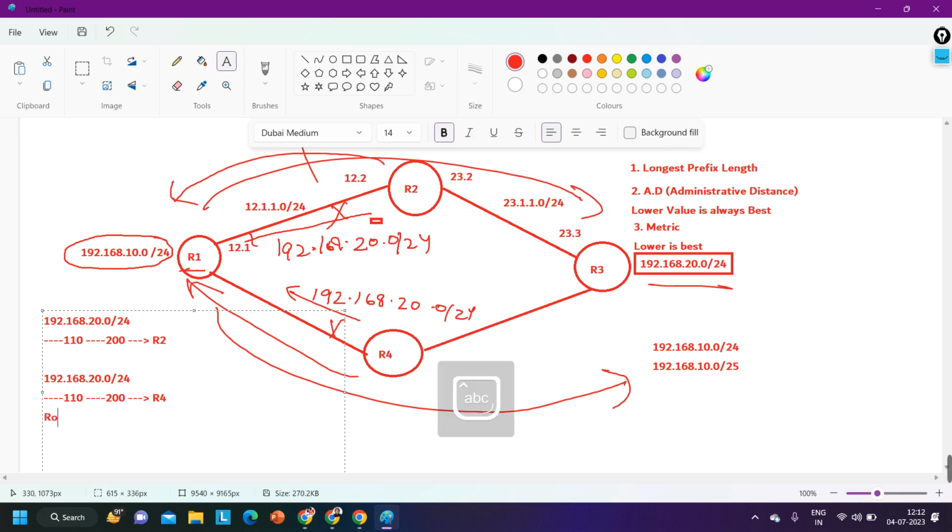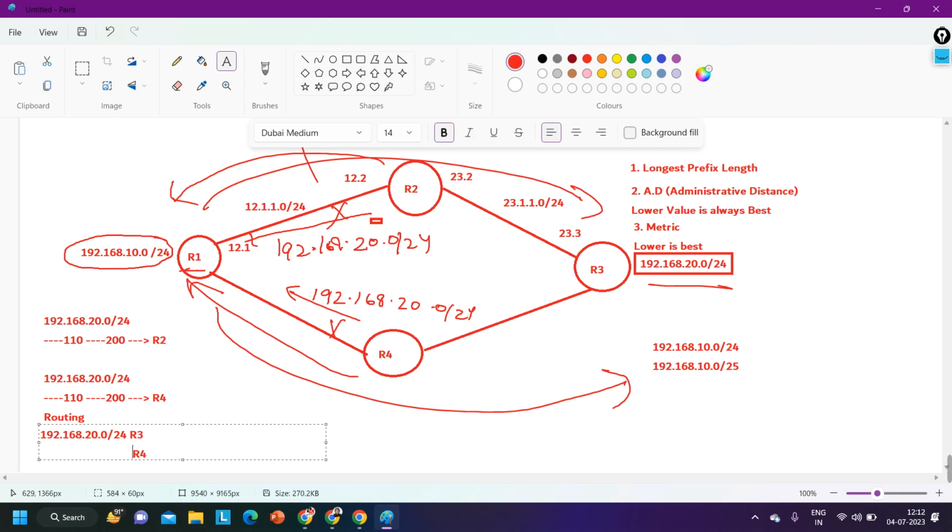It will install both paths in its routing table. If I talk about the routing table, in the routing table there will be two entries: 192.168.20.0/24 is reachable via router 2 and also via router 4.